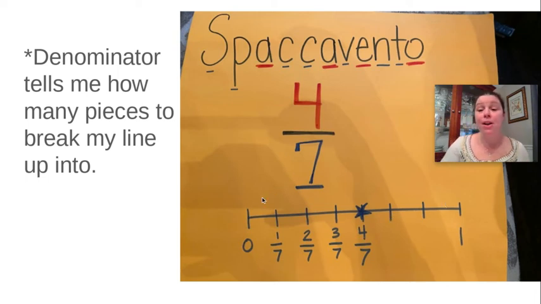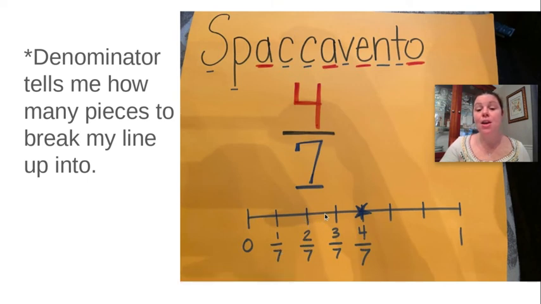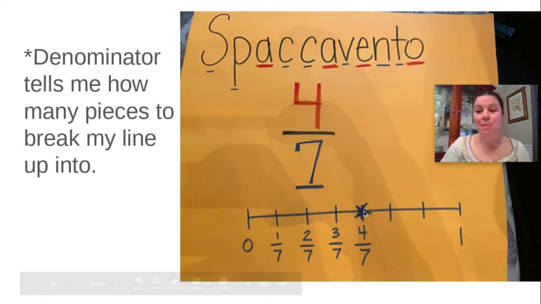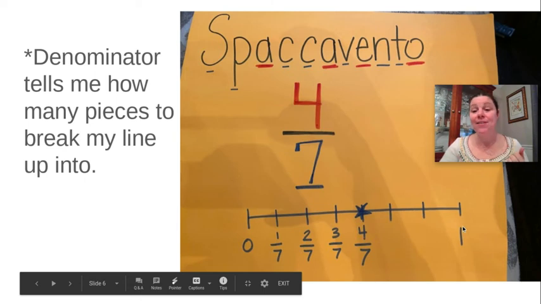So now if I want to mark this, this is 1/7. This is 2/7. This is 3/7, 4/7, and that's the number that represents the fraction for my last name. If I wanted to keep going, I would have 5/7, 6/7, and 7/7, which represents a whole.